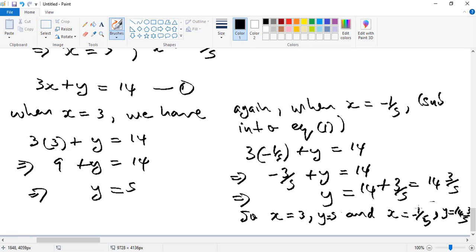And this is negative 1/5, to be clear. So when x equal that, and when x equal that, you get that.